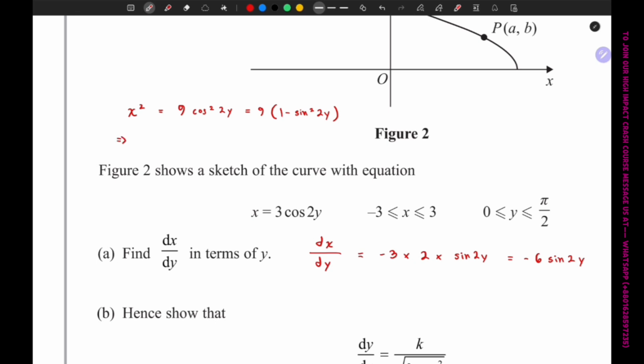Now if we make sine squared 2y the subject, this will be sine squared 2y equals 9 minus x squared over 9. You can also write this as 1 minus x squared over 9. So it's up to you. Let's say I want to keep it like this.